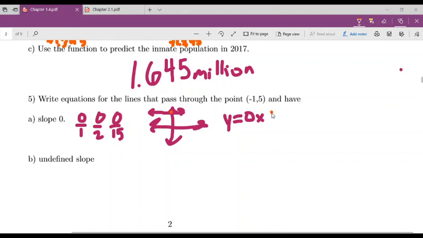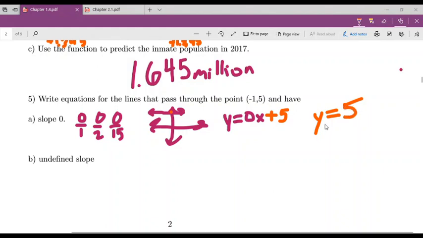So it would be plus 5, which is just your y value in your set right here. So a slope of 0 means it's a horizontal line, which means I could write the equation just like this, y equals 0x plus 5, which simplified is just y equals 5. So with a slope of 0, really all you have to do is choose your y value and set your y equal to it.